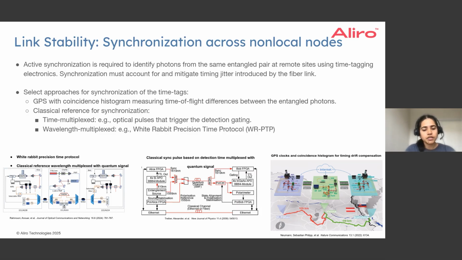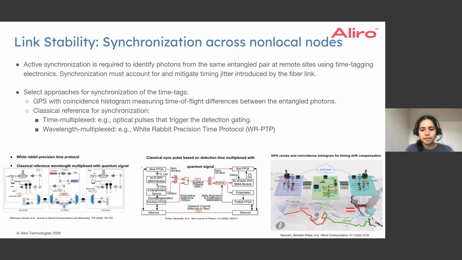And what we can note here from this example as well is that the drifts that the classical reference and the quantum signal see going through the same fiber are going to make sure that there is in fact synchronization at the two end nodes. For example, if this was done over different fibers and those two fibers would see different drifts over time, this wouldn't be as successful.